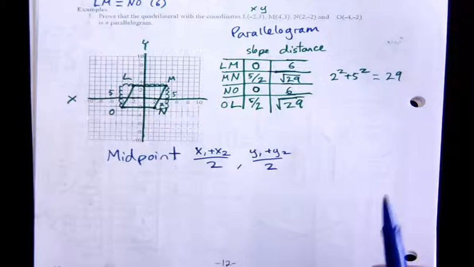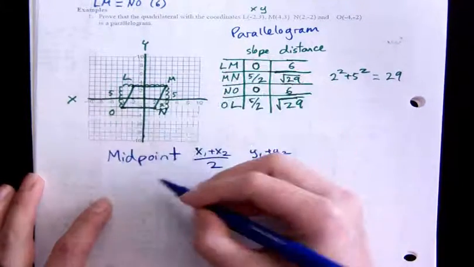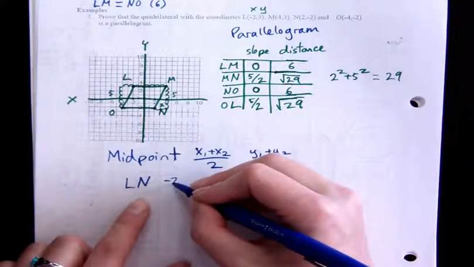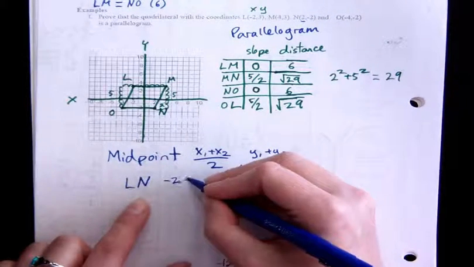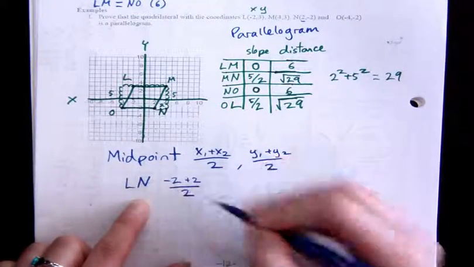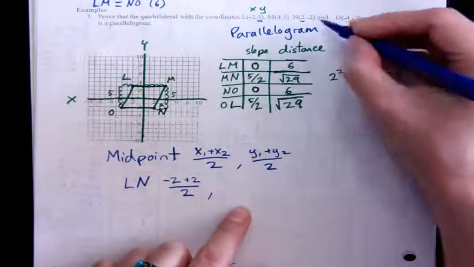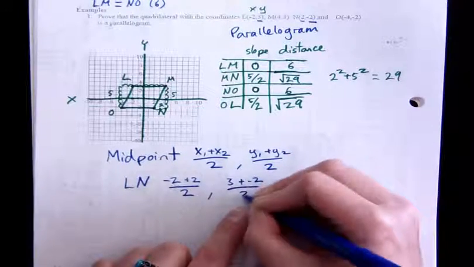Midpoint is a fast way to go because we just plug in our diagonal. So diagonal would be LN. And so I'm going to add my x's. So negative 2 from L to N is positive 2, and then divide it by 2. I'm going to add my y's, which would be my 3 plus negative 2, divided by 2.